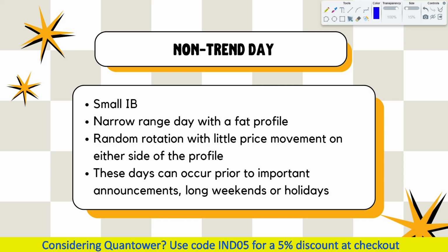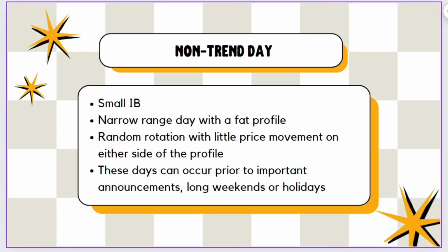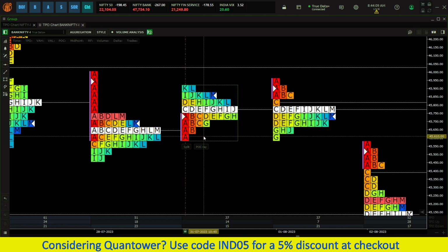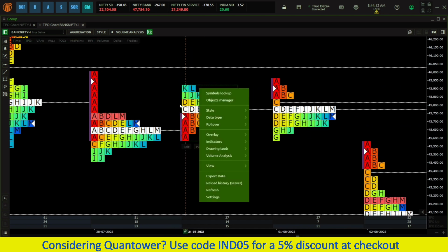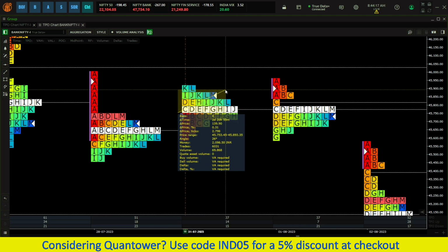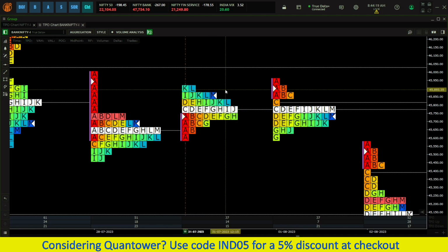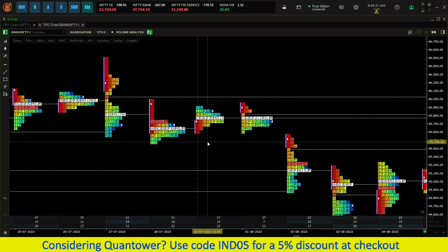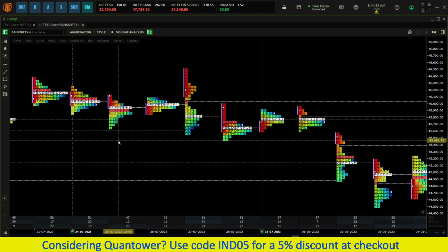So the occurrence of this non-trend day is very less, but still let's see on TPO charts. If you see, this is a non-trend day. Okay, but you might say to me, almost we have good range extension. Yes, here we got, but in the majority of cases we don't get range extension, and it will close in between the IB, or it will trade in between the IB.